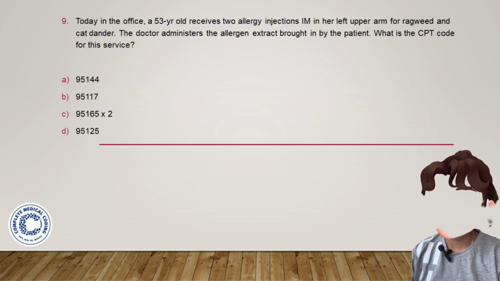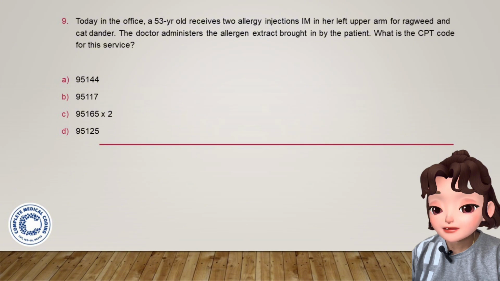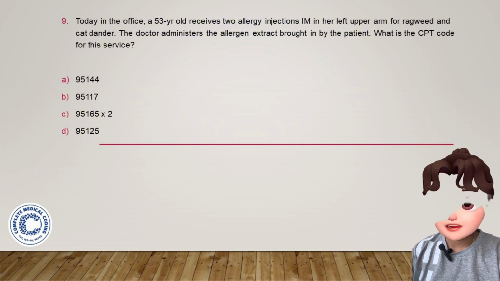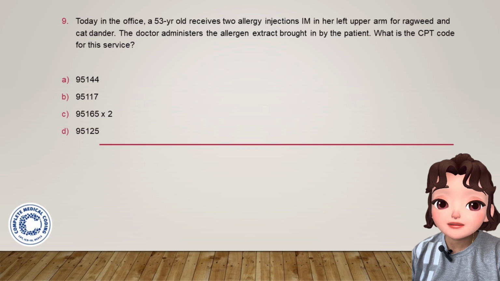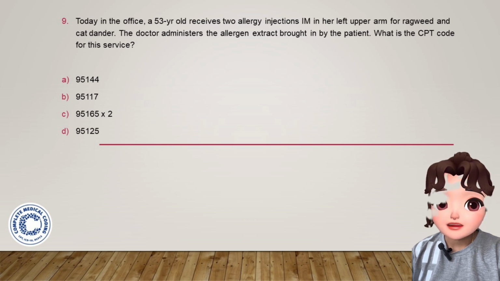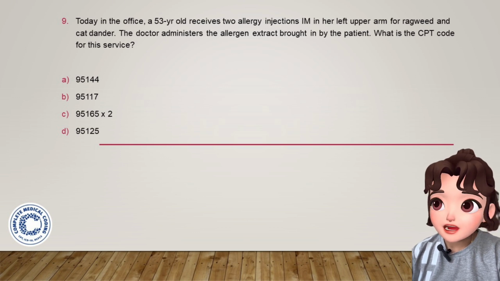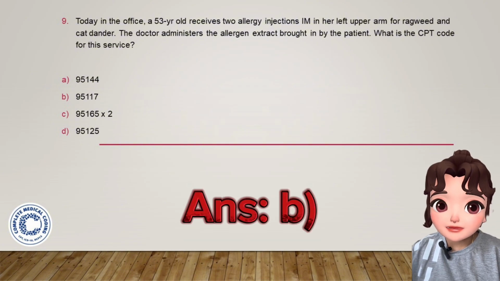So in option B, 95117, professional services for allergen immunotherapy, not including provision of allergenic extracts, this allergenic extract is not included. It's not given from the doctor's office. It's brought by the patient. So answer will be option B, 95117. Okay.